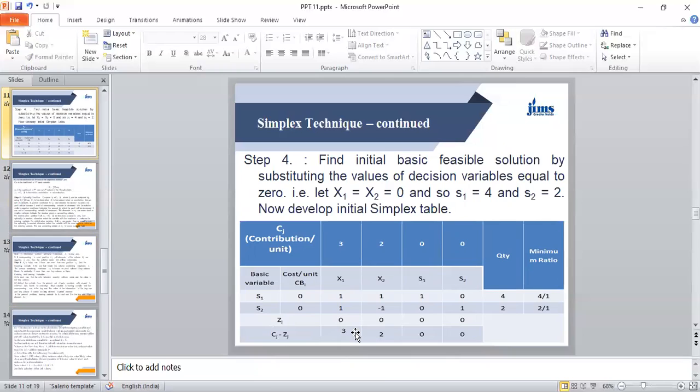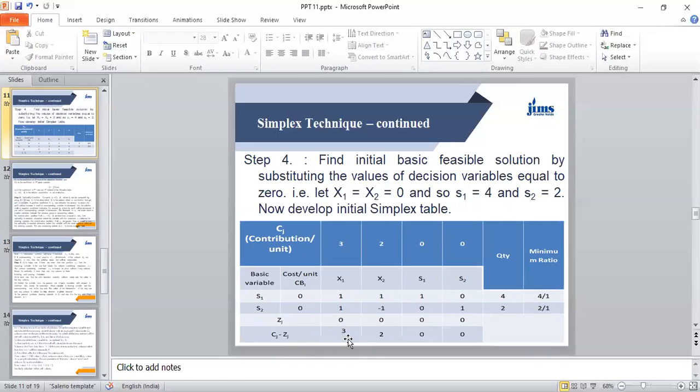The column corresponding to the maximum value in the net evaluation row, the index row, is known as the key column. So here the value is 3. The first column, corresponding to the variable x1, will be the key column here, because the maximum positive value of Cj minus Zj is in this column only.